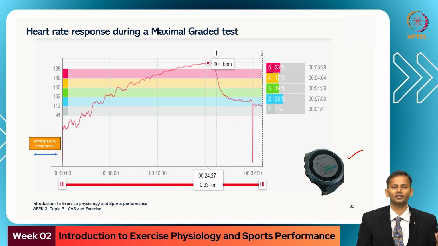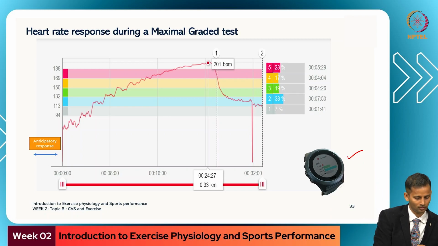The mere thought of that itself releases hormones, adrenaline, because in anticipation that you're going to run, your body starts warming up and preparing itself. That releases the sympathetic hormones, namely adrenaline and noradrenaline, and causes an anticipatory response. So your resting heart rate starts to increase, to around 72. So you have an anticipatory response, a minimal increase from the baseline.